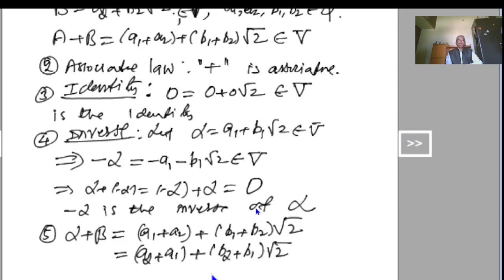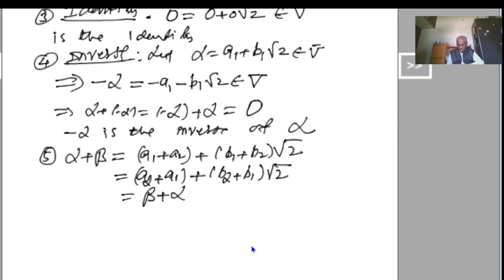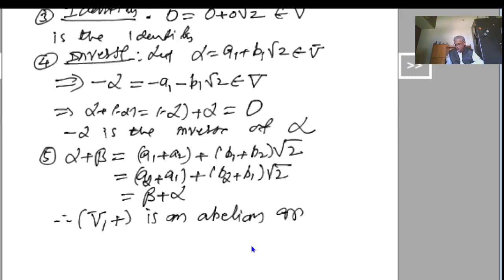Yes, we can write because A1 and A2 belong to Q, therefore A1 plus A2 is equal to A2 plus A1. Plus is commutative here. So this is nothing but beta plus alpha. Therefore, we write V comma plus is an abelian group. First axiom is satisfied.